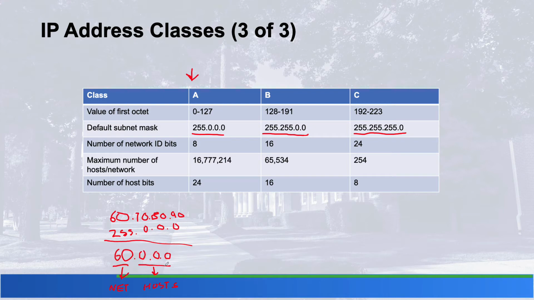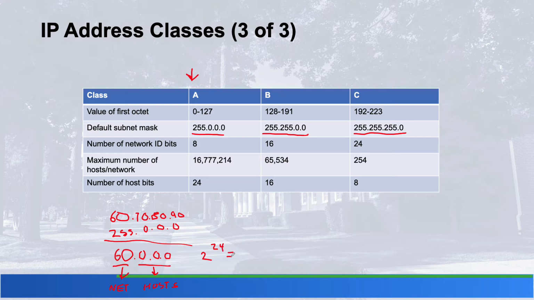So if we represent hosts or computers with 3 octets, that means I have 24 zeros and ones that I can use here. So in order to figure out the number of hosts, I'll say 2, the base number I'm using, the numbering system, to the power of how many bits I have, which is 24.